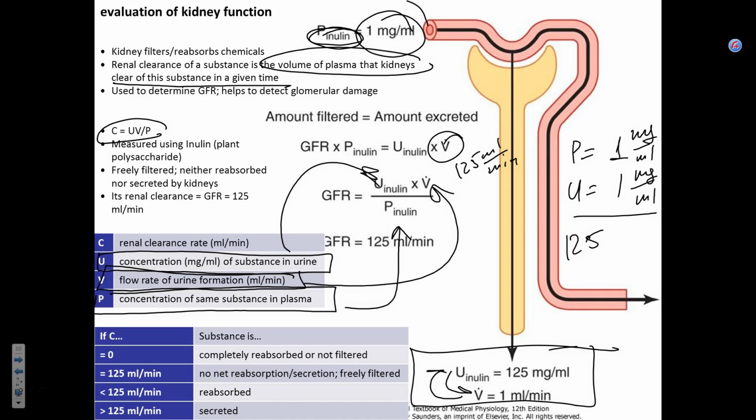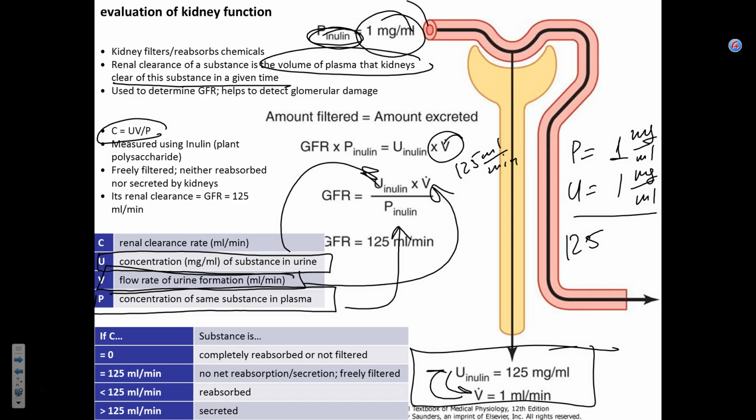So, how do we use this parameter, renal clearance, to measure GFR? We experimentally know that certain human metabolites are freely filtered. For instance, creatinine. Have you heard that term? Creatinine. It's the product of creatine phosphate breakdown.